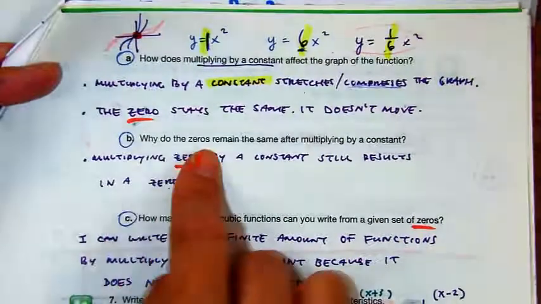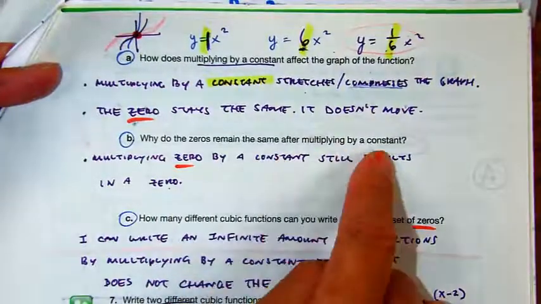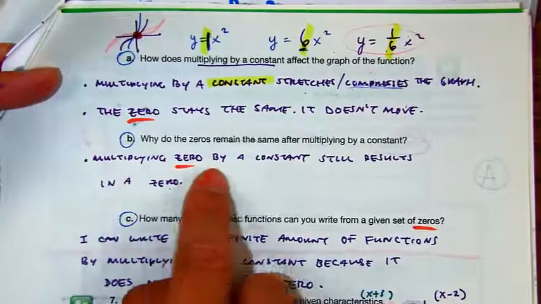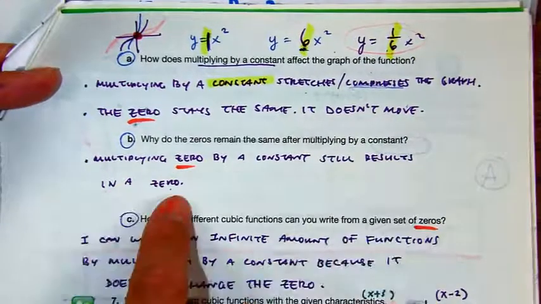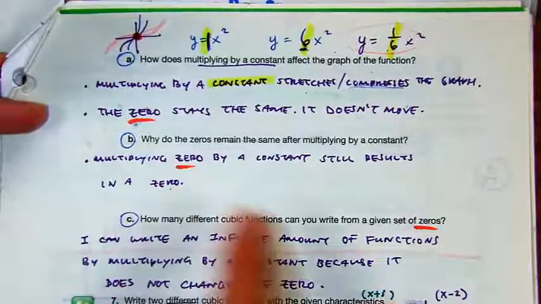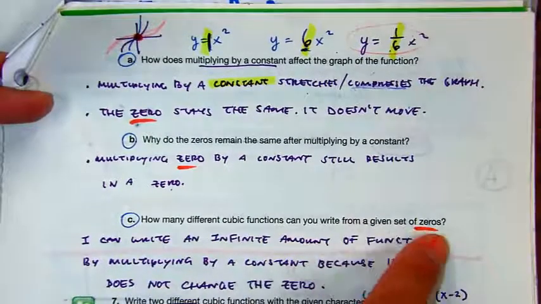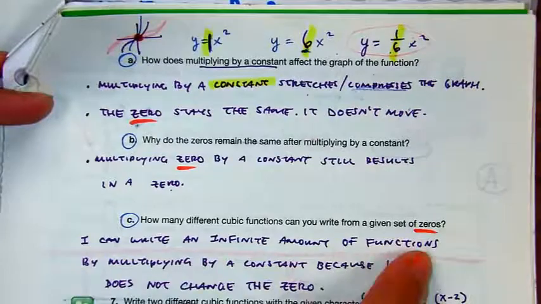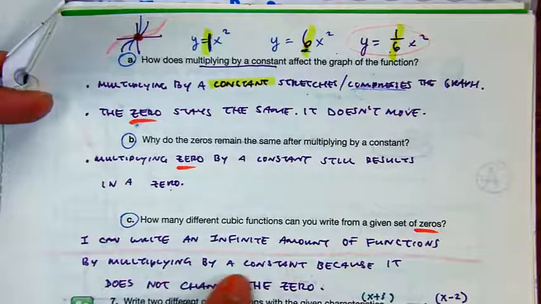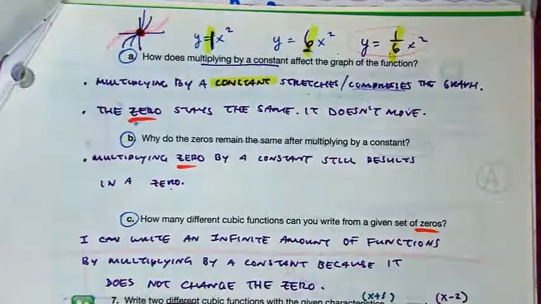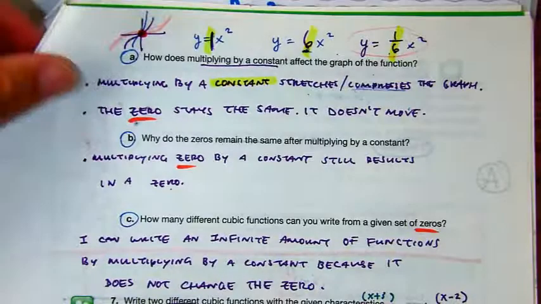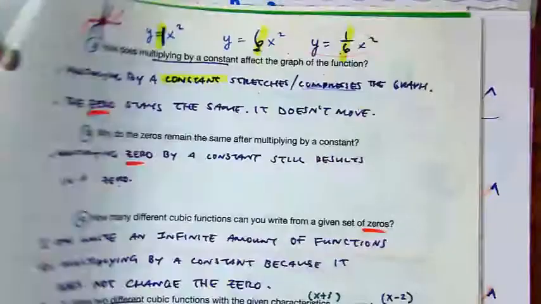Why do the zeros remain the same after multiplying by a constant? Multiplying 0 by a constant still results in the same 0. How many different cubic functions can you write for a given set of zeros? I can write an infinite amount of functions by multiplying by a constant because it does not change the 0. So my example is the previous problem that we just did.